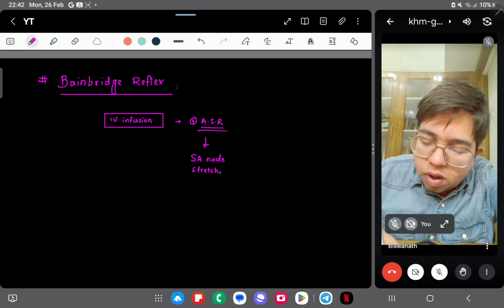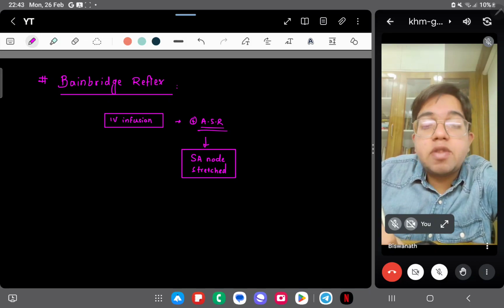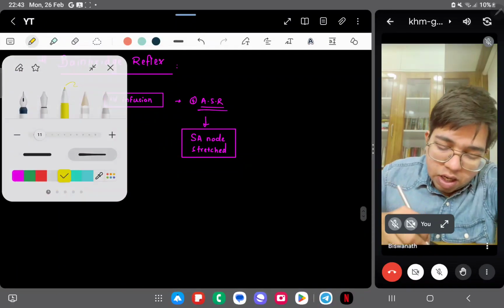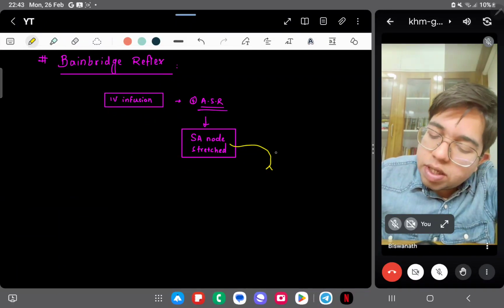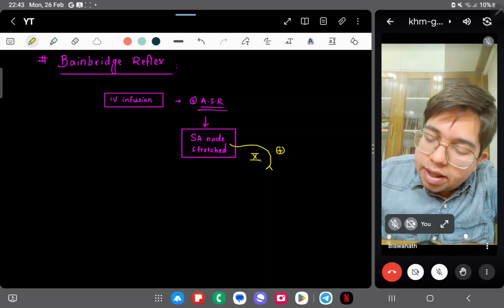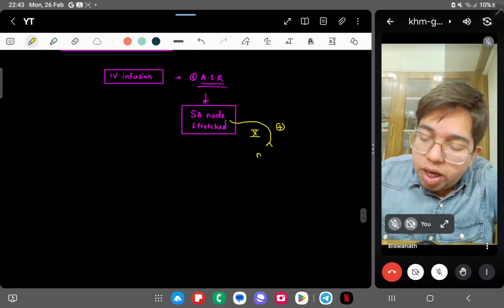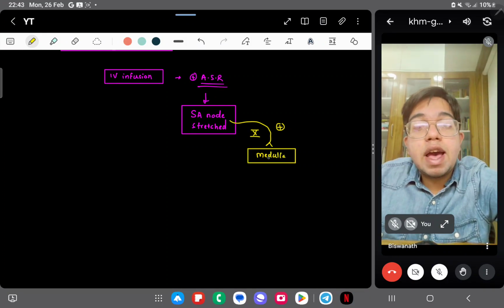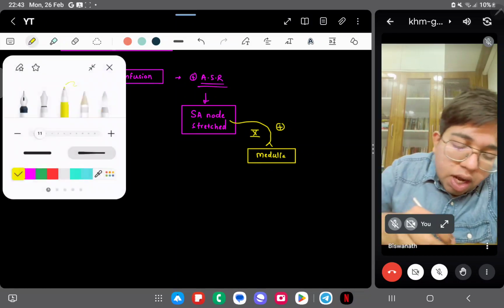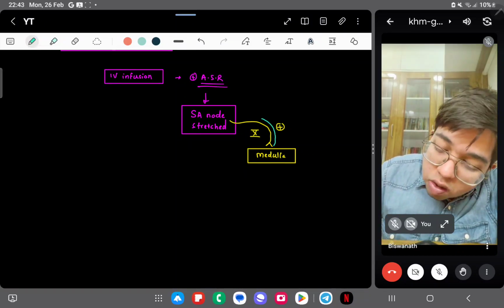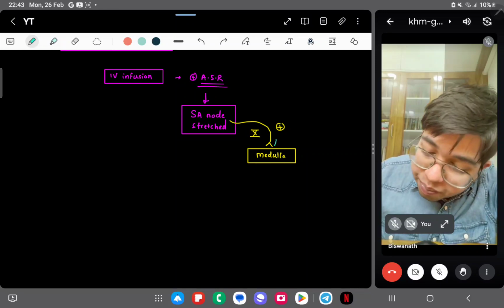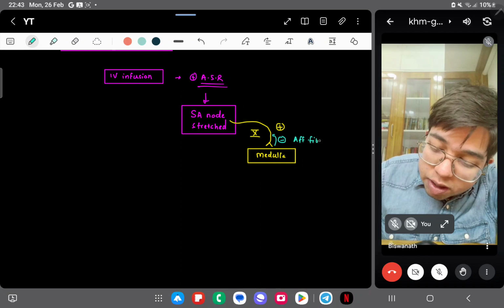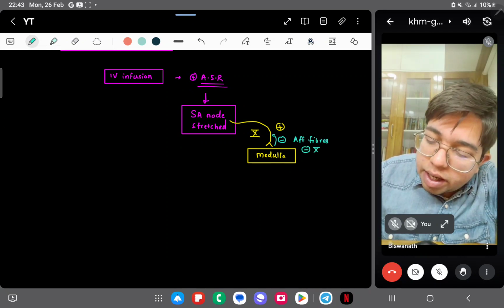So there is an alternate pathway. This SA node is innervated by the 10th nerve, that's the vagus nerve. If this SA node is stimulated via the 10th nerve, it will stimulate the medulla, and this medulla in turn has some fibers, due to which it will inhibit the 10th nerve.